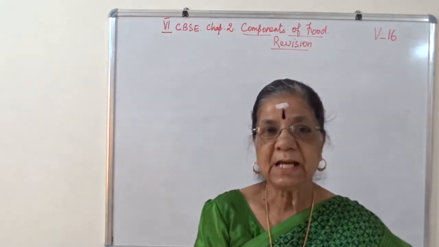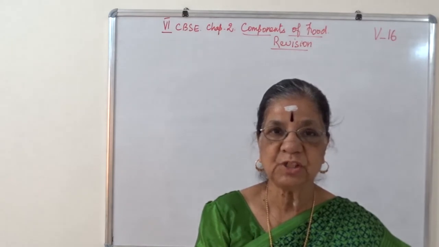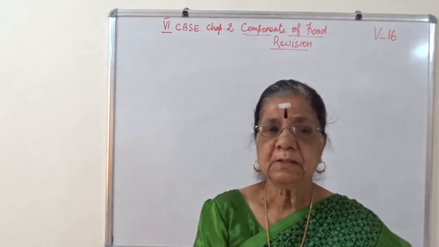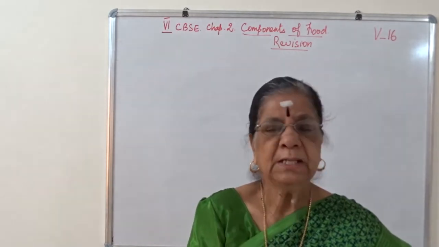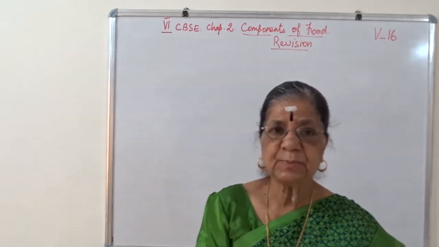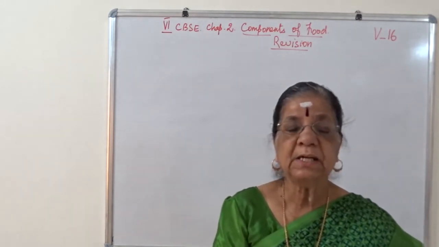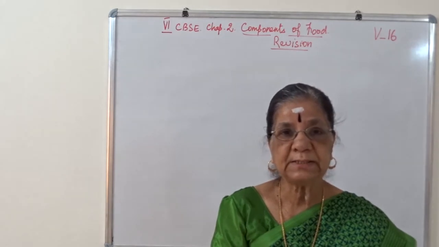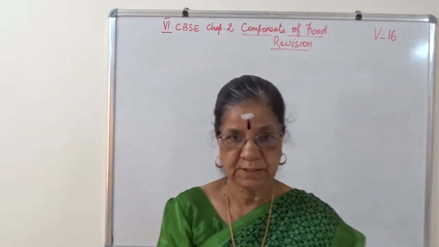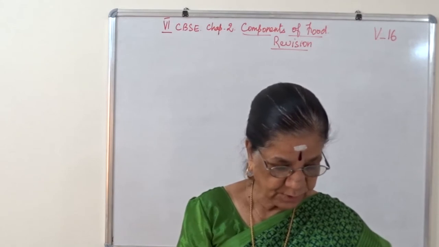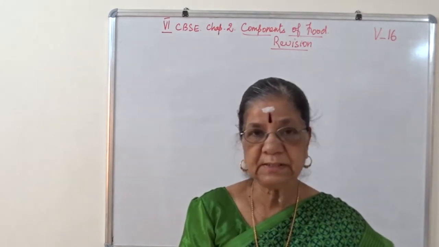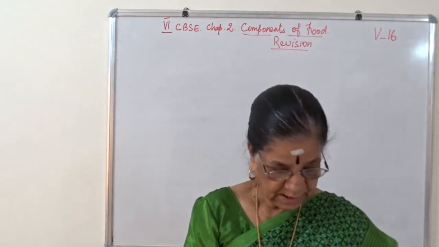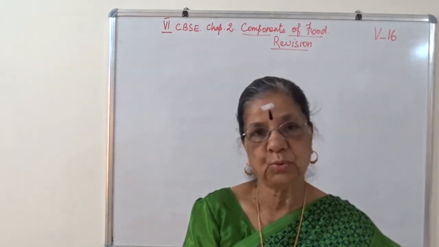Ruminants are grass-eating animals. We don't have a special enzyme to digest cellulose. So we need roughage as a food component. The food items that we get from plants contain roughage.